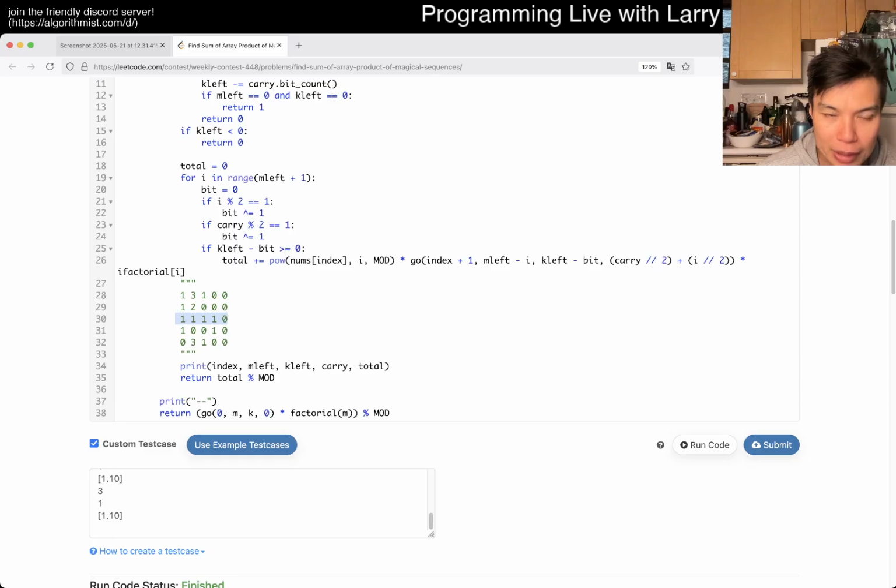So we have a bit, 1 converts it to 1, bit converts it to C, there is a carry, so bit is 0. Okay, bit is 0, so K left is right. This is 0. Oh, I see. Okay.